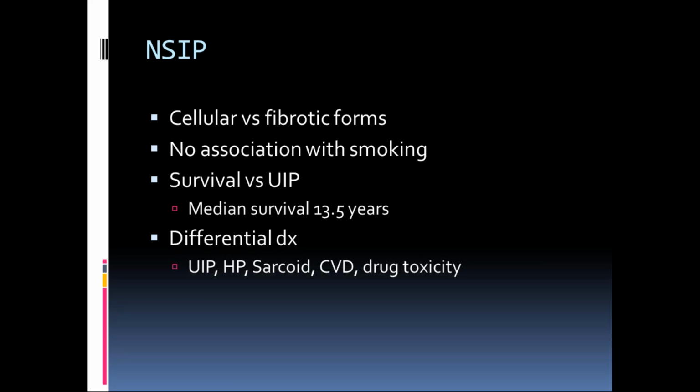Some of the drugs involved are methotrexate, gold salts, amiodarone, different things like that that give you the fibrotic changes or the pulmonary toxicity, typically within the lower lobes. So you're going to see that both in UIP and NSIP. Hopefully I'm not muddying the waters so much, but just to emphasize the big point, honeycombing is the biggest positive predictive value sign that you're going to have to differentiate the two.